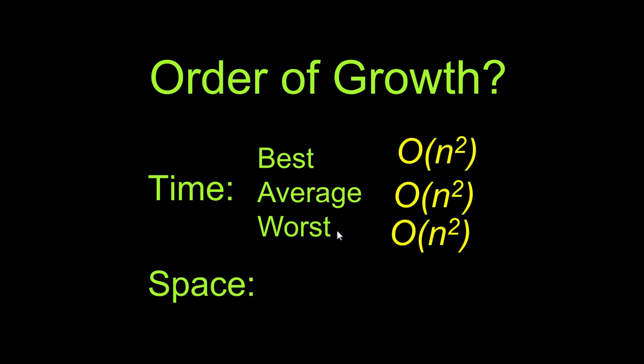For our selection sort code, we always use n squared amount of time, where n is the number of input elements in the list A. This is because we always run through the nested looping, the outer while and the inner for. So it's n times n, therefore n squared. As for space, we actually use an extra data structure called sorted.